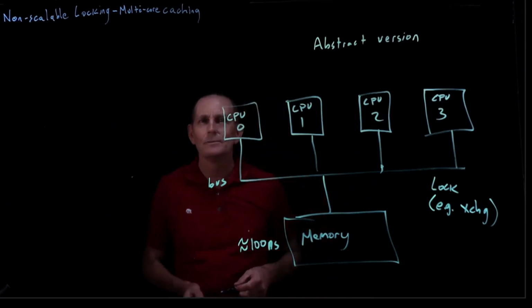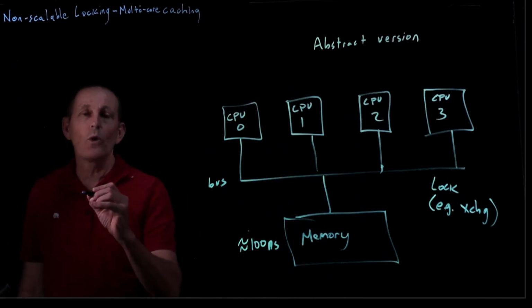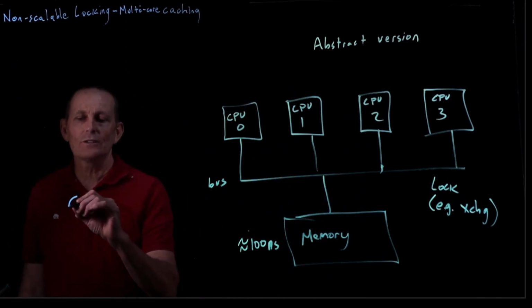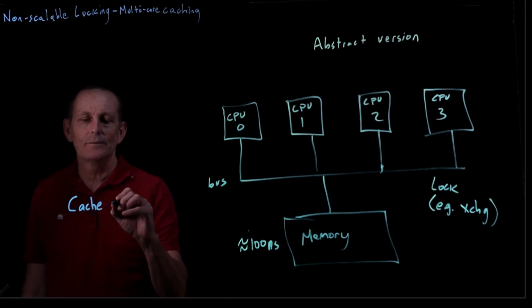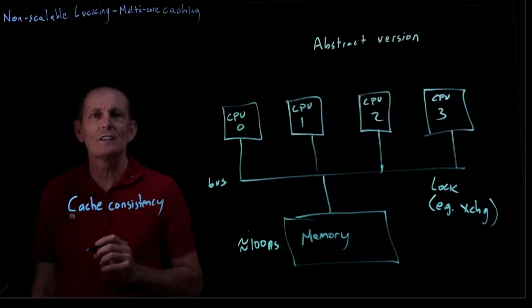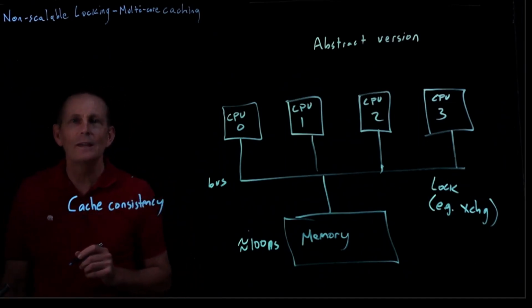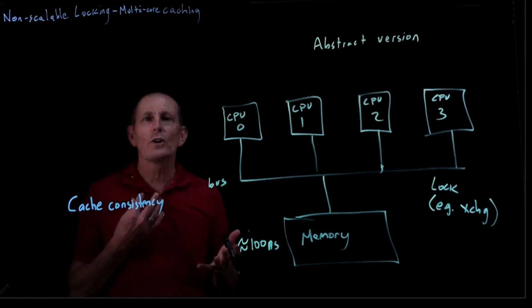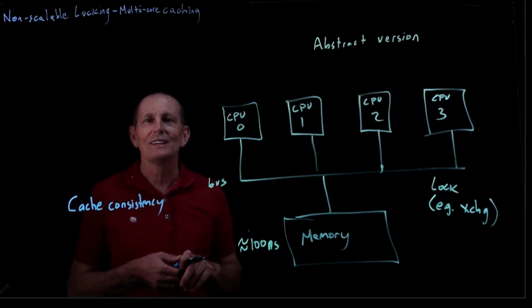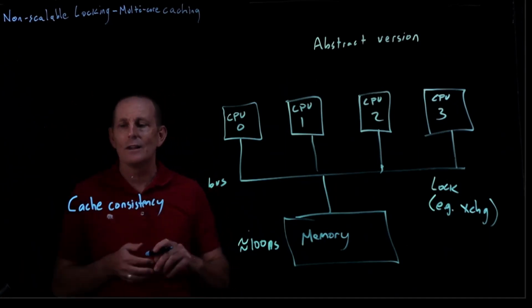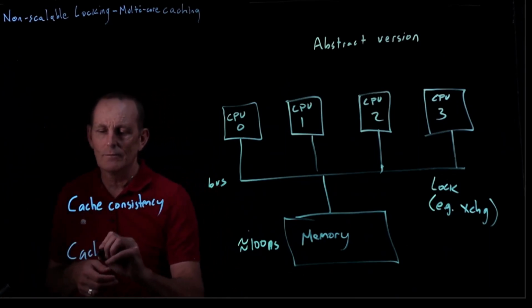And we have some requirements for our cache. One requirement is cache consistency, and cache consistency just means the order of reads and writes between memory locations is maintained. And then also we have cache coherence.